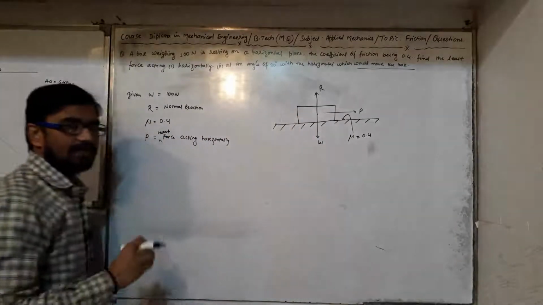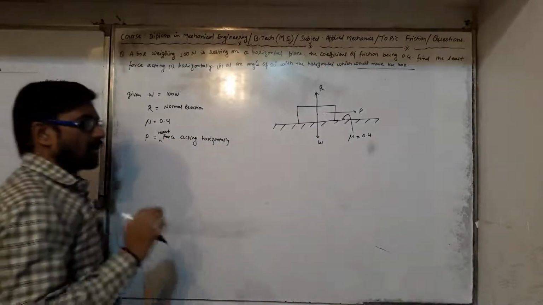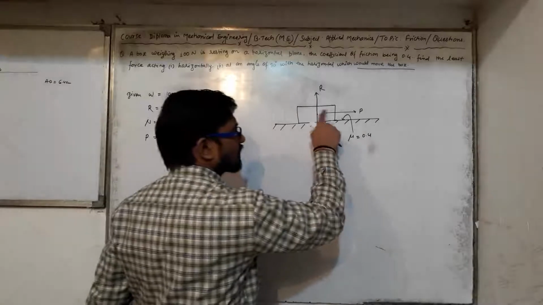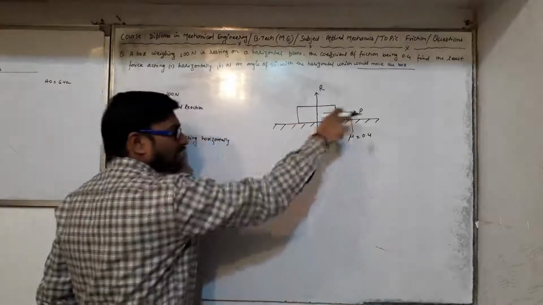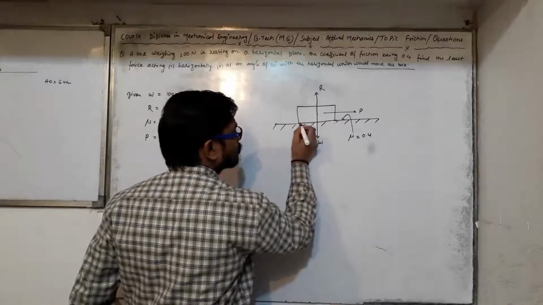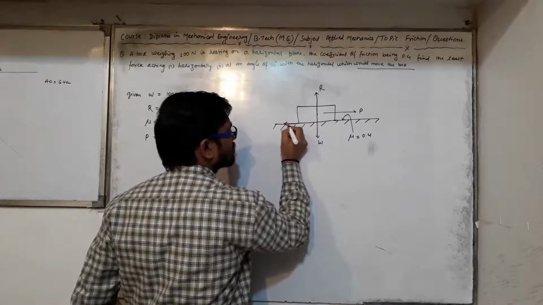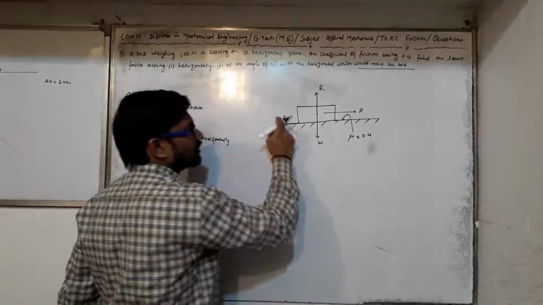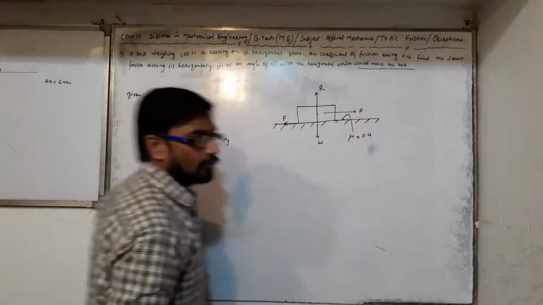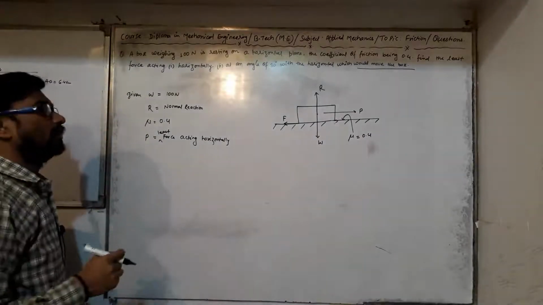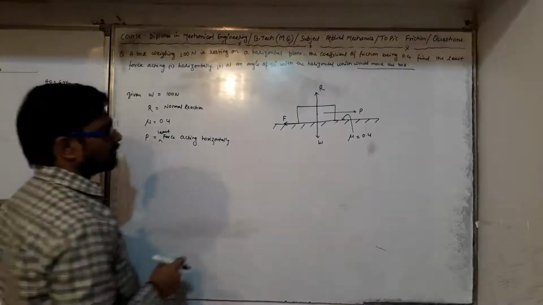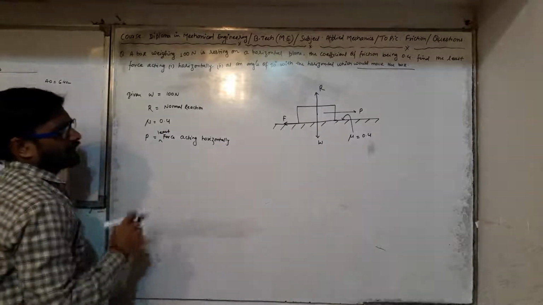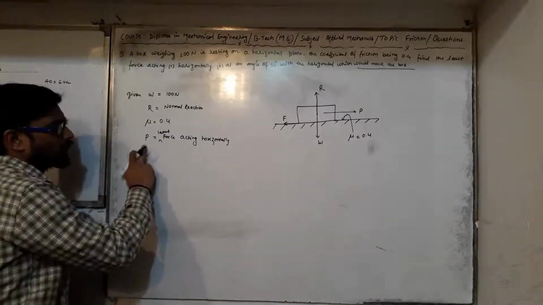It means the case of limiting friction. As you know very well, when the box is about to move in the direction of the applied force, the force of friction between the layers always acts in the direction opposite to the direction of load applied or the direction of motion.